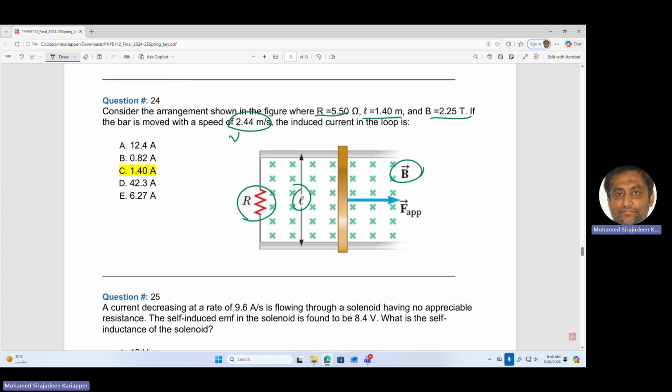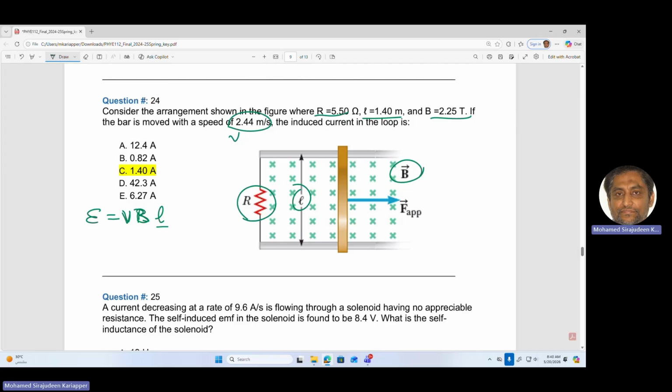You should remember this is the motional EMF. When you have a bar crossing the magnetic field lines, it will create an EMF given by, this is in the formula sheet, vBL. This is the velocity perpendicular to the magnetic field, and L is the length of the bar that is being moved.